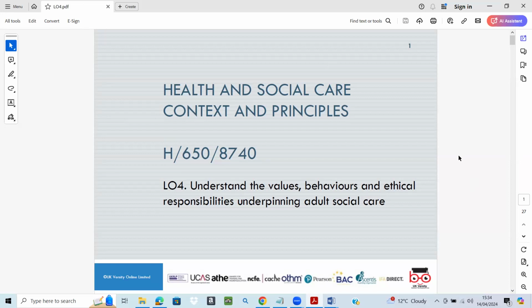Okay. So now we'll look into the ethical responsibilities. Does anyone have any idea what they think are the ethical obligations of a care worker? Any idea from any student?